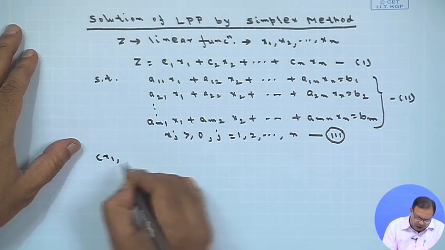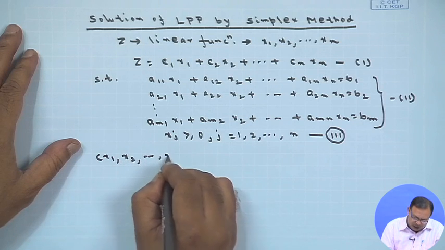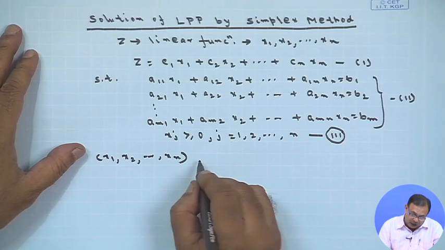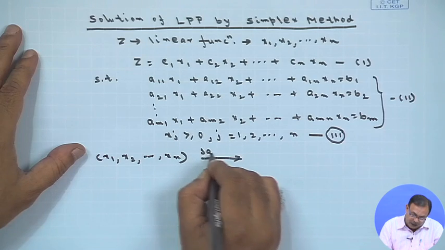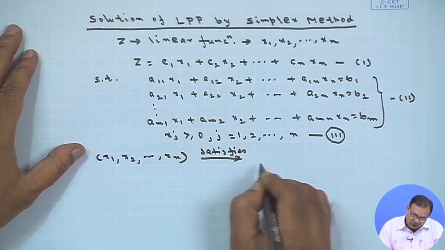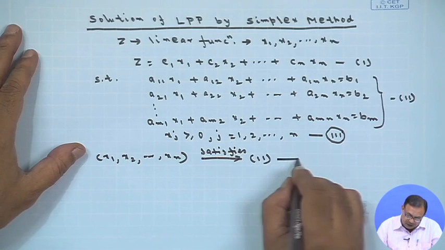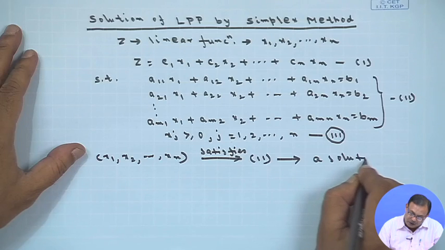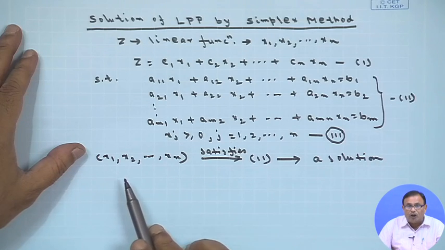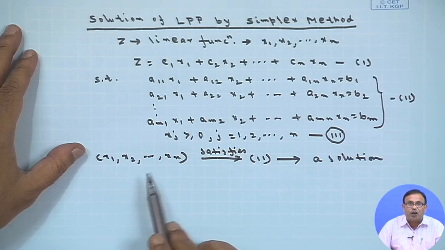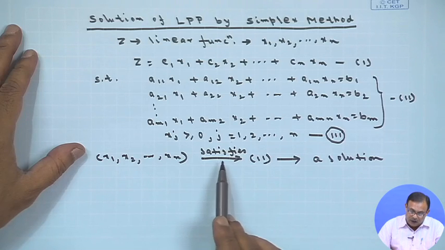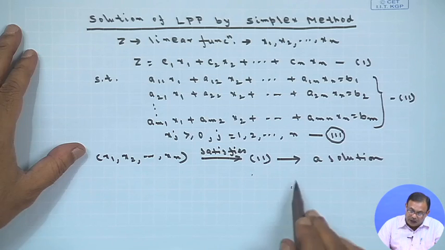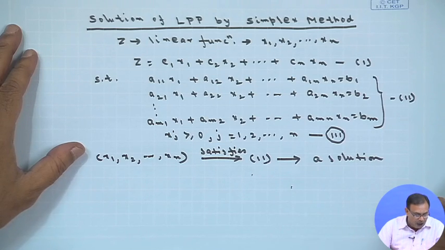Now, any set of n tuples x1, x2, xn which satisfies the constraint 2 gives a solution of the LPP. Please note this one: if I obtain a set of n tuples x1, x2, xn which satisfies the condition 2, then it is a solution of the LPP.